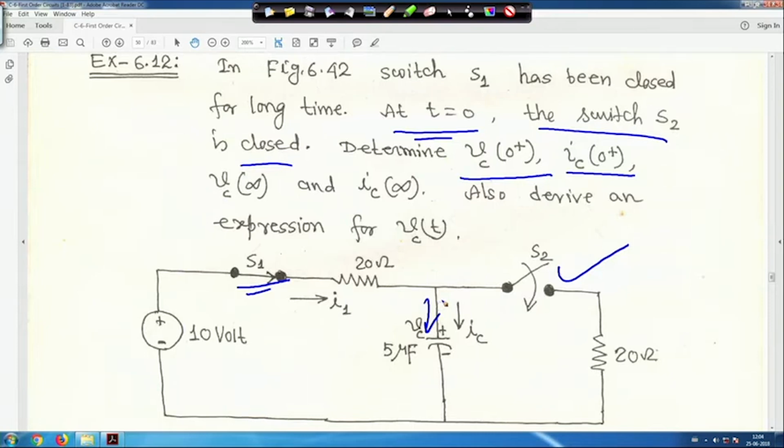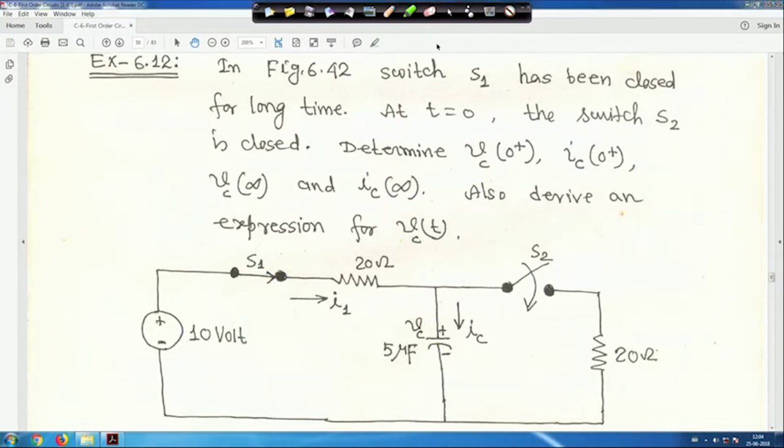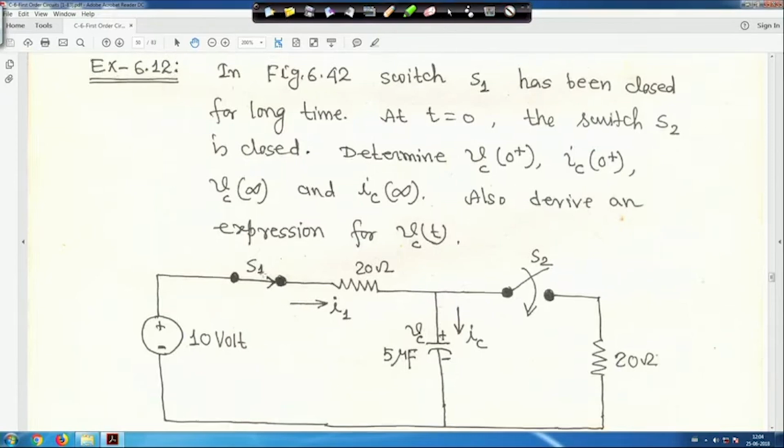And you have to find Vc(infinity), the final value, and Ic(infinity), the steady state value. Also derive the expression for Vc(t), the voltage across the capacitor. All these things we have to do, right. And this is 20 ohm, and this switch S1 was closed for a long time.